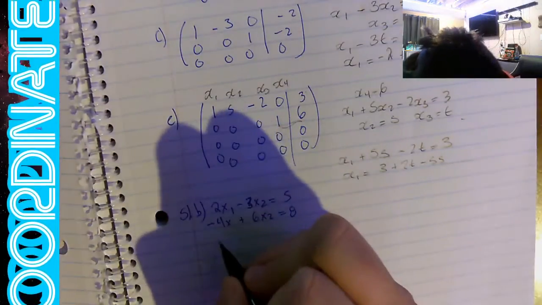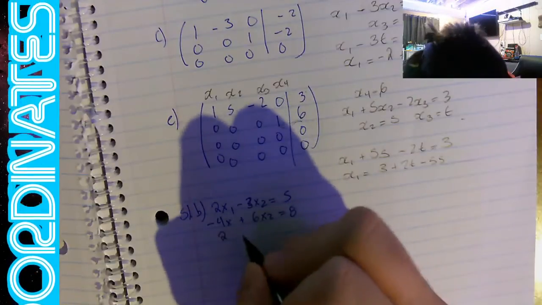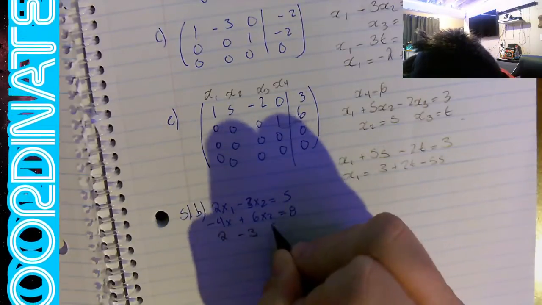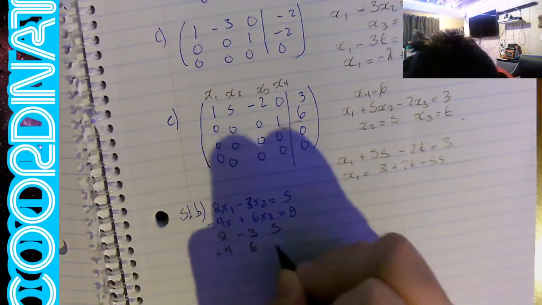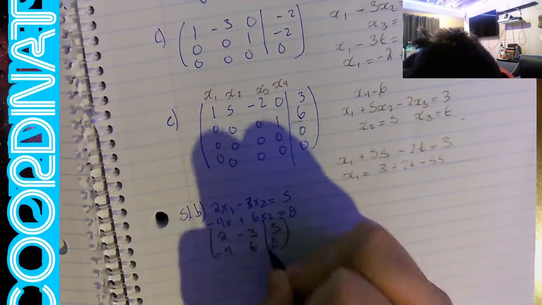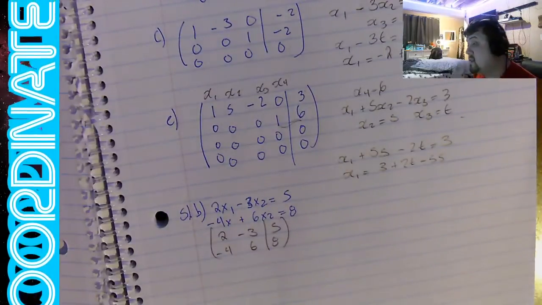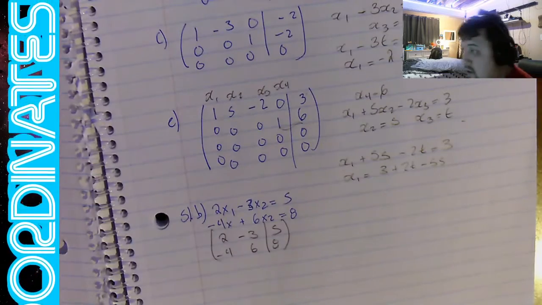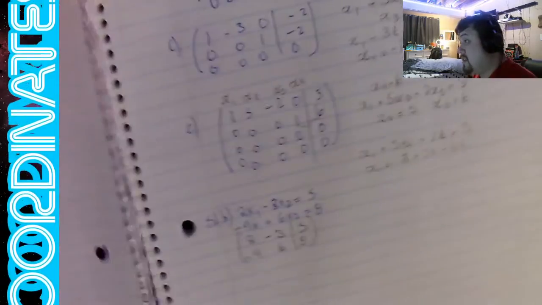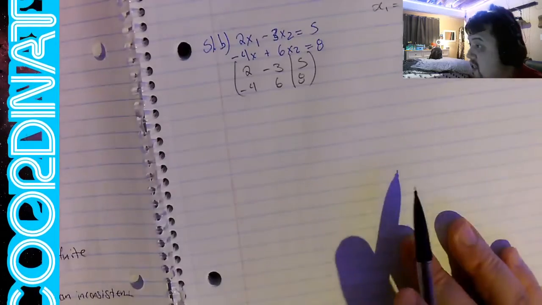So what we get is 2, minus 3, 5, negative 4, 6, 8. Now again, you can have this line if you want to show that these are solutions, but as long as you remember, you don't have to, and I'm not going to because lazy.